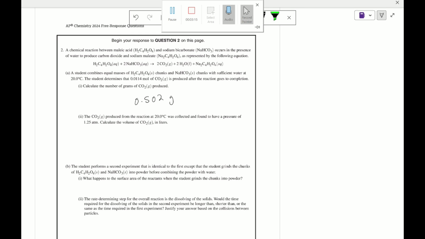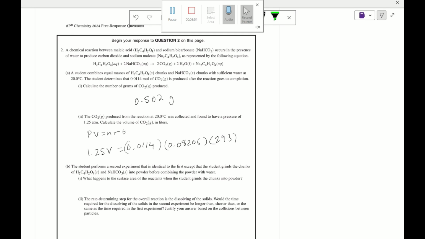And to calculate the volume, we use the ideal gas law, so PV equals nRT. Our pressure is 1.25, volume is unknown, moles are given as 0.0114. Our R would be 0.08206, and then our T is 20 degrees Celsius, so you'd add 273 to 20 to give you the Kelvin, 293.